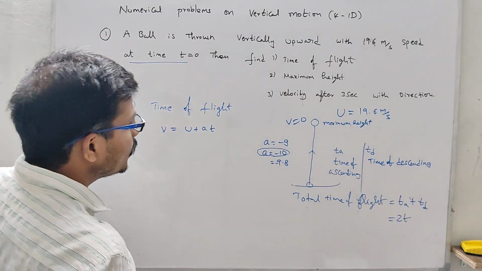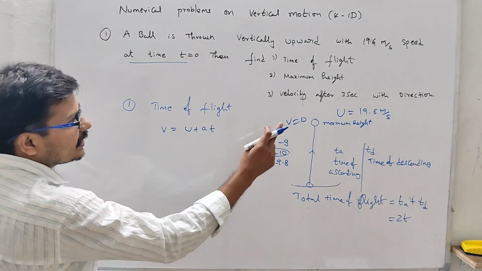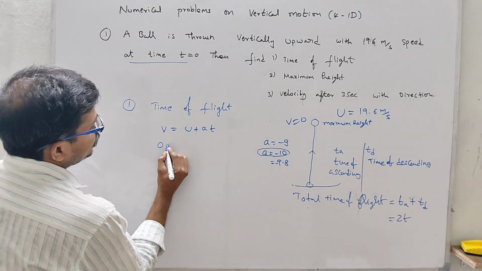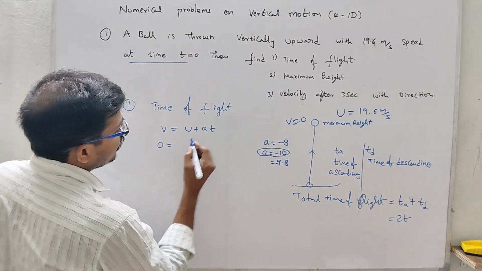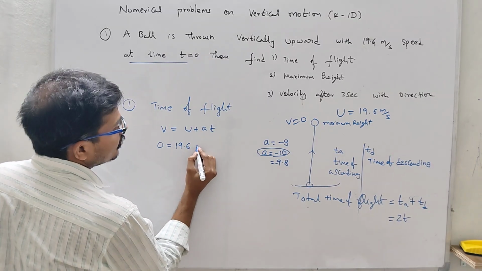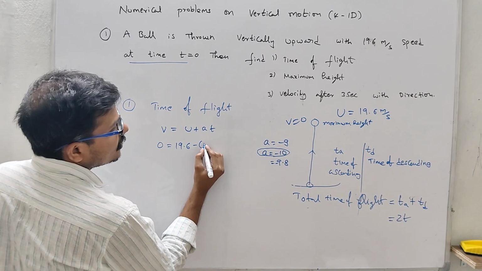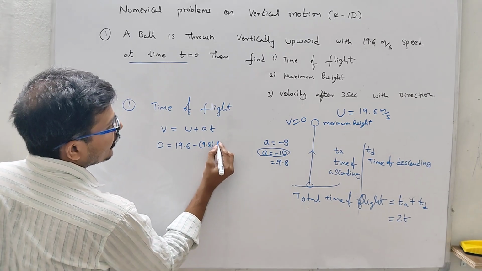Now v is 0, initial velocity is 19.6, and a is minus 9.8 into t.